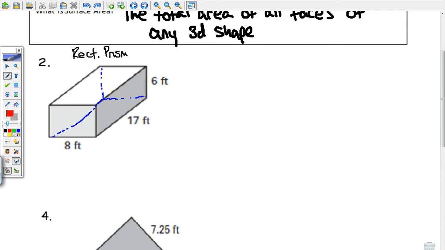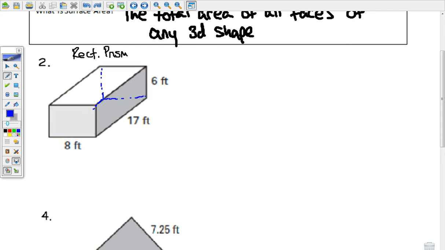And then the other one we haven't talked about yet is, don't forget about the front and the back here. So the front and also the back are also the same. Now, a lot of people have trouble finding the dimensions of that, but it's just the top here is 6, and the bottom back here is the same as the front, so there's two 6 by 8s there.